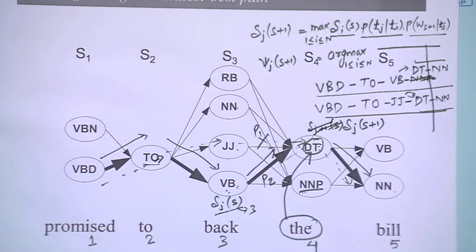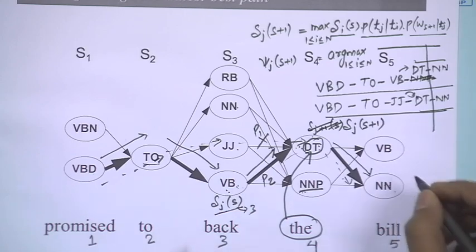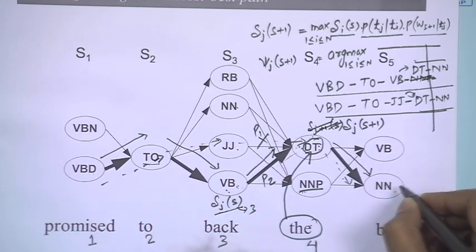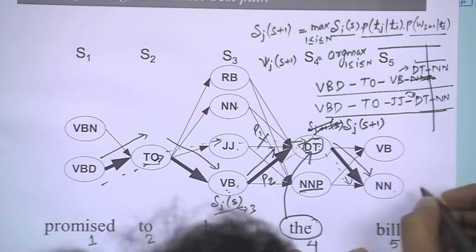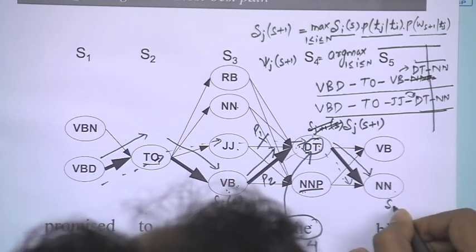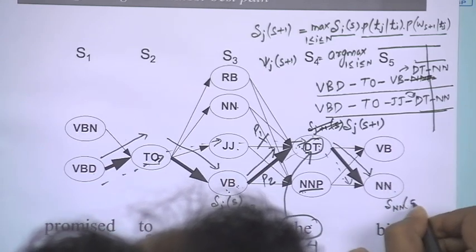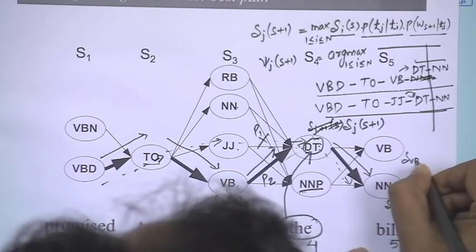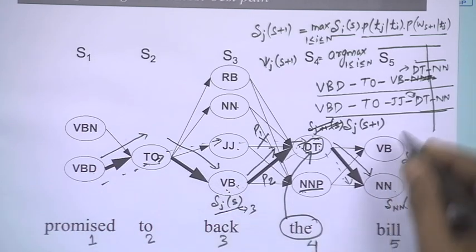So what will happen at the end? I am at step 5, and I know the probabilities. Let me write down delta_NN at 5 and delta_VB at 5. I know both these probabilities.